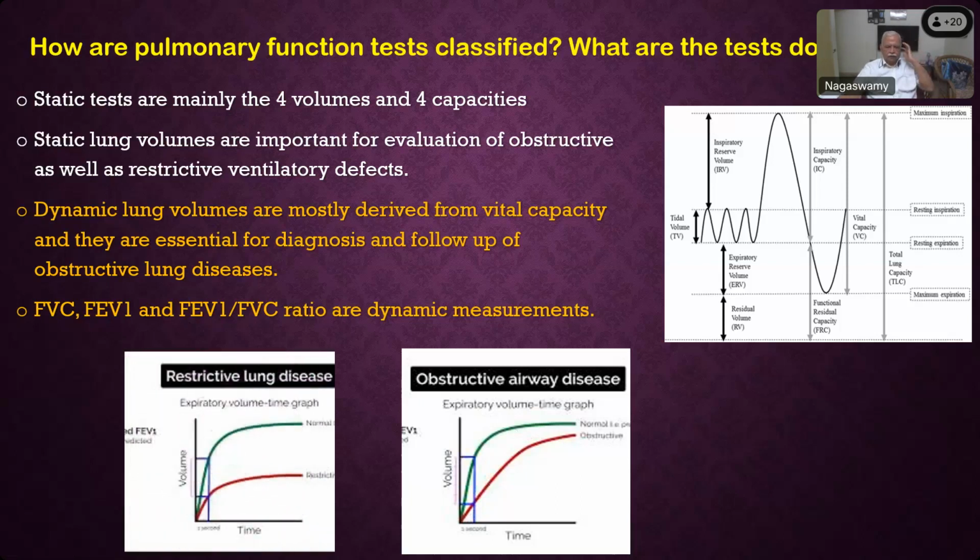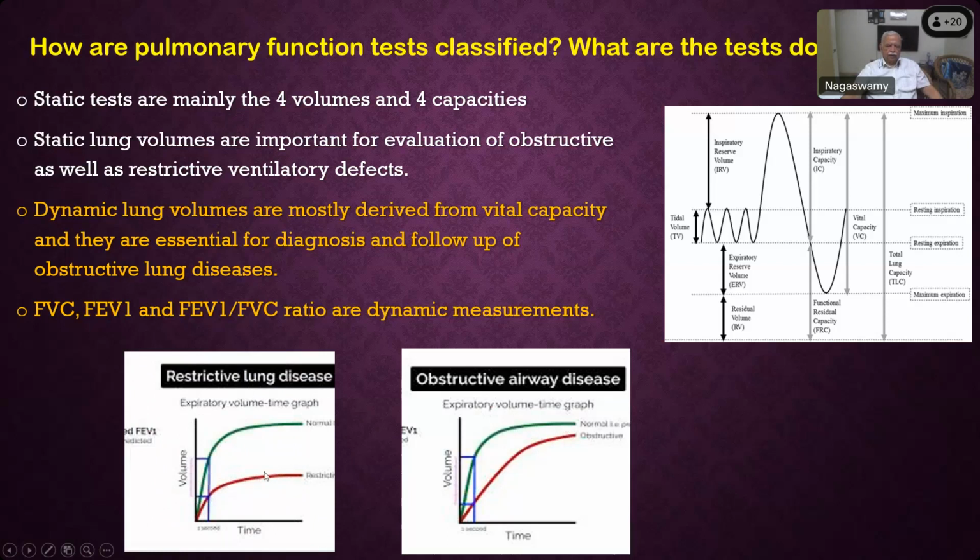And this is the picture which shows the restrictive pattern. In obstructive, another point is the total volume is ultimately reached. It is almost close to the normal. Whereas in a restrictive, the total lung capacity is grossly reduced.